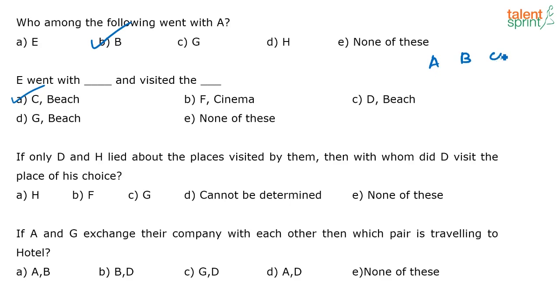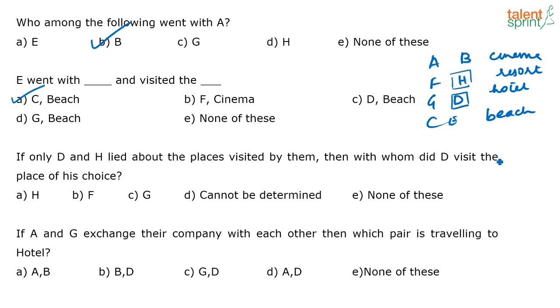A, B went to cinema, F, H went to resort, G, D went to hotel, and C, E went to beach. If only D and H lied about the places visited by them, then whom did D visit the place of his choice with?